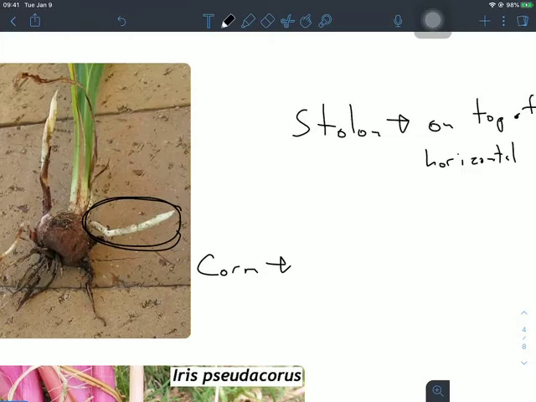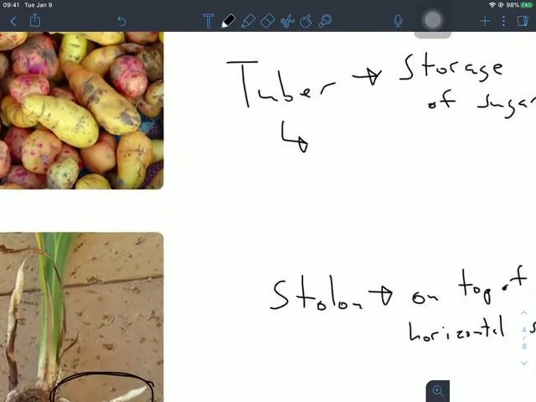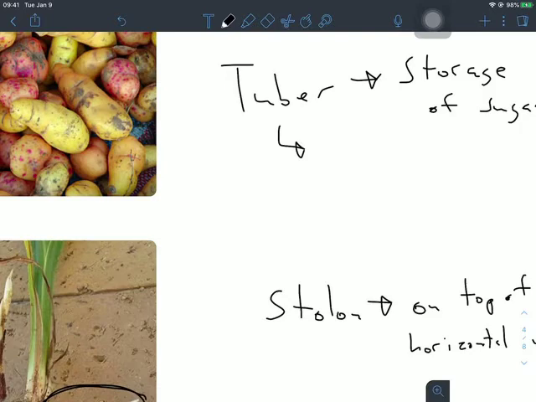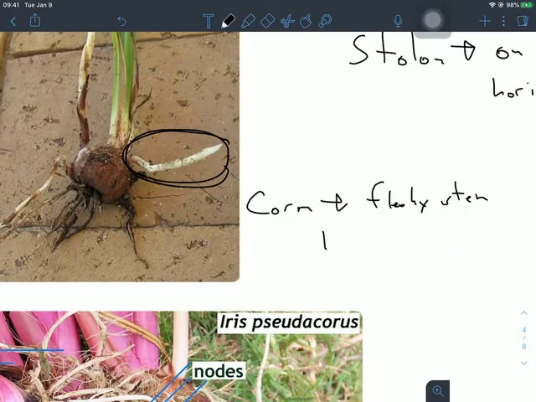And a corm is just a fleshy stem. So it's kind of like a tuber, but whereas a tuber has the opportunity for multiple apical meristems, so it's got multiple potentials for growth, think eyes on a potato, a corm has a single apical meristem.